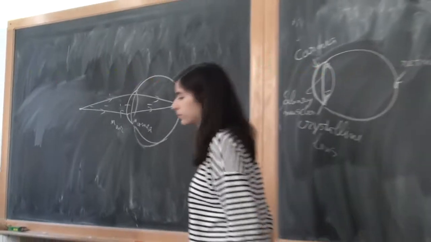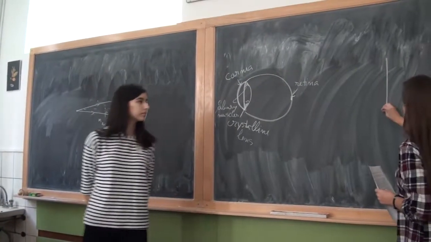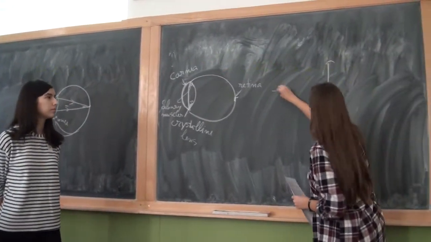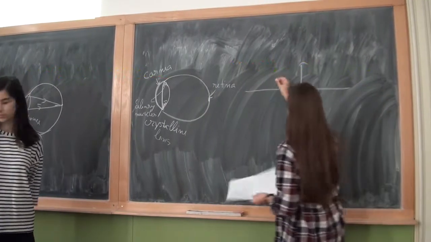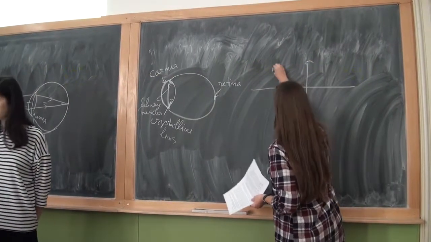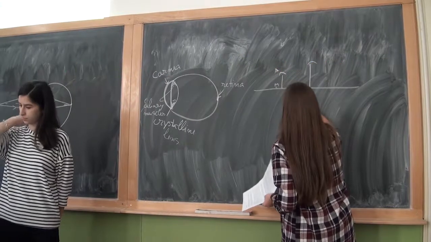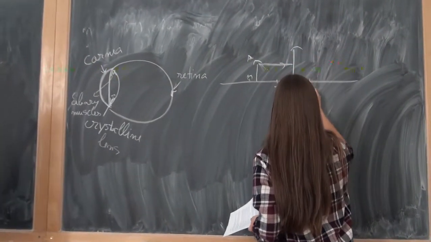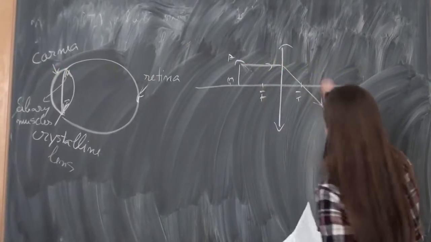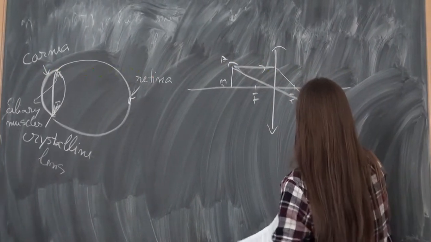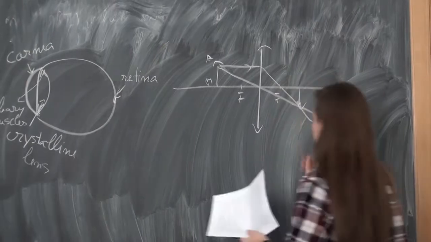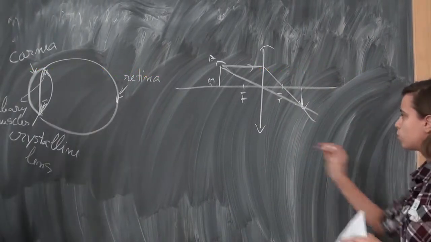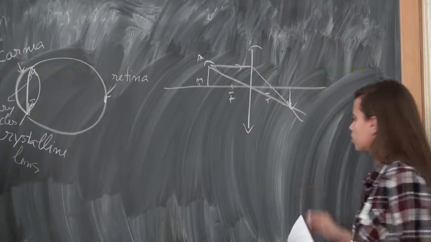Since we can reduce the eye to a converging lens, for a nearby object, we know that the image is formed a lot farther. So to reduce that, we need to bring the focal point closer.